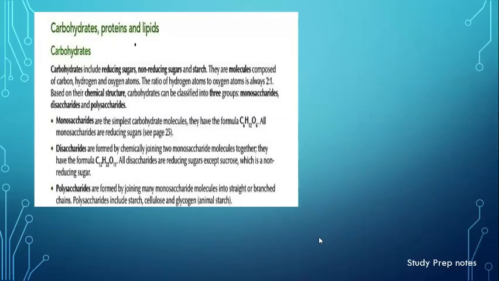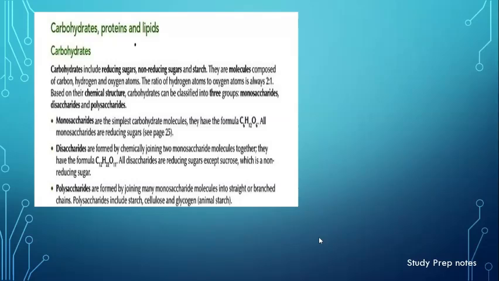Based on their chemical structure, carbohydrates can be classified into three groups: monosaccharides, disaccharides, and polysaccharides. Monosaccharides are the simplest carbohydrate molecule, mono meaning one. They have the formula C6H12O6.